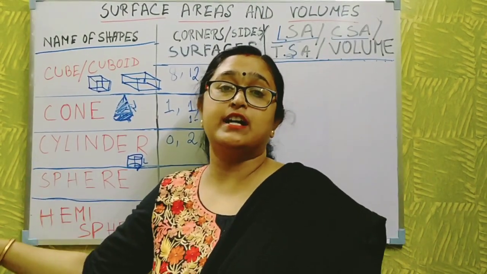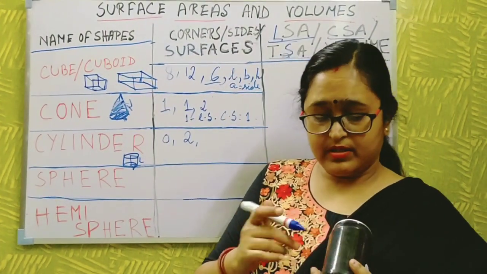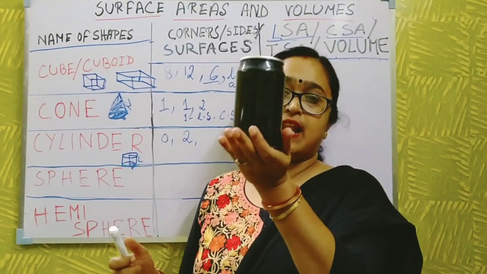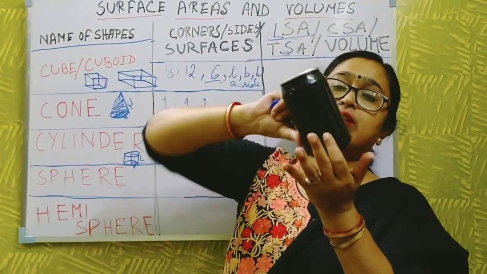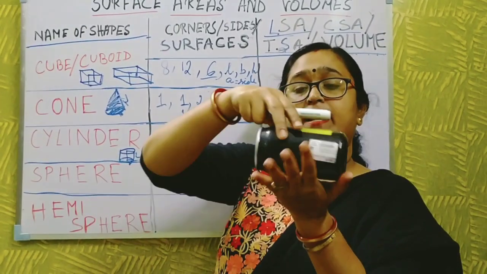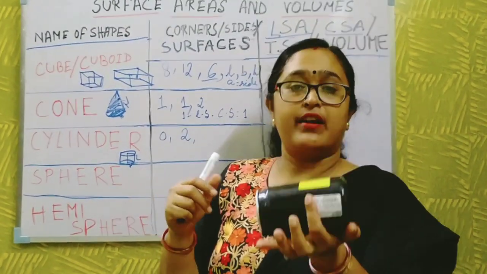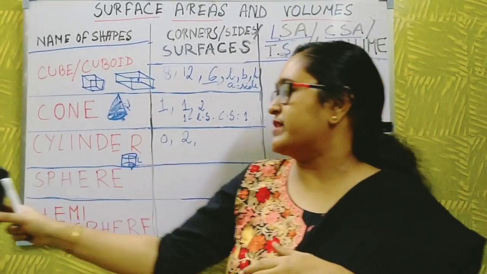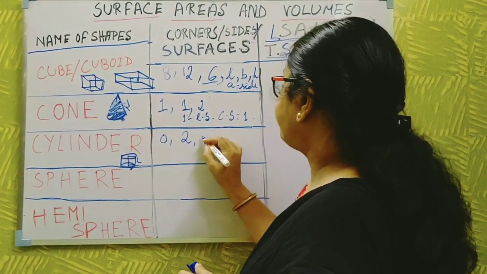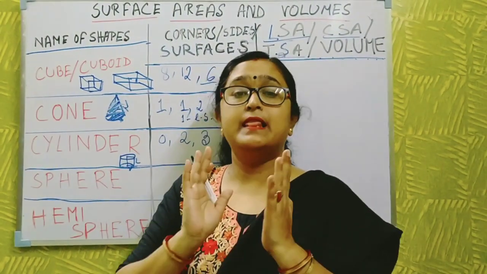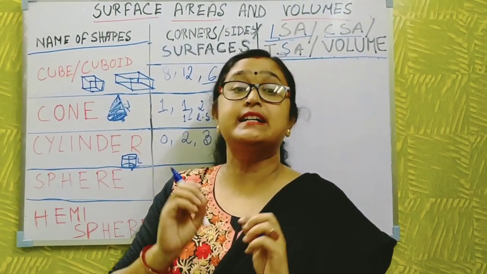And then how many surfaces are there? In how many ways can you hold the cylinder? You can hold it like this, you can keep the cylinder like this. Now the surfaces of the cylinder are 3. Now the question is how many lateral surfaces and how many curved surfaces.